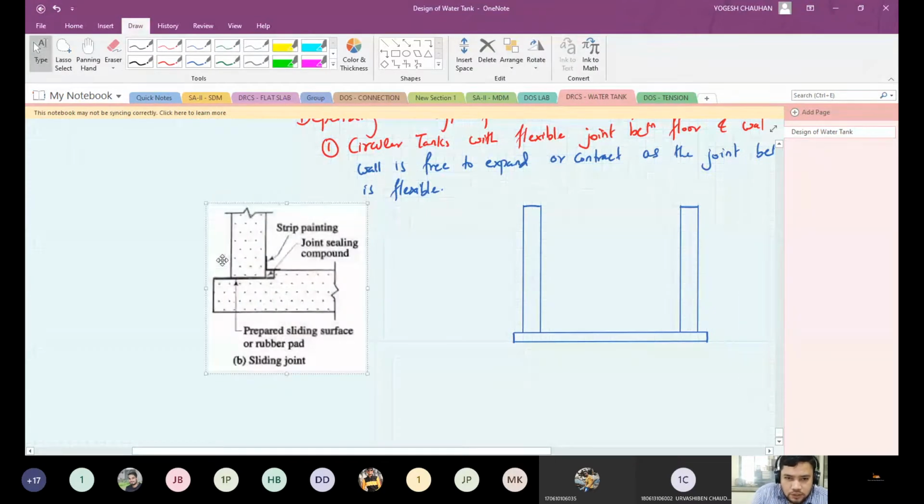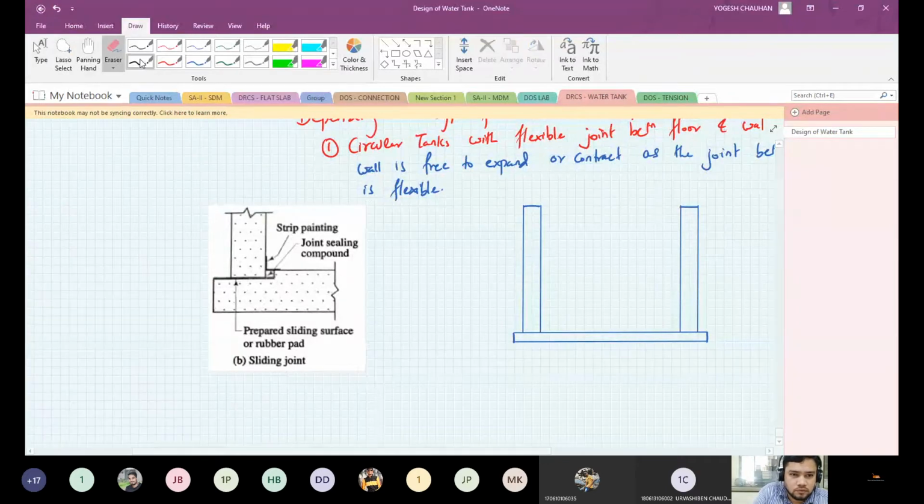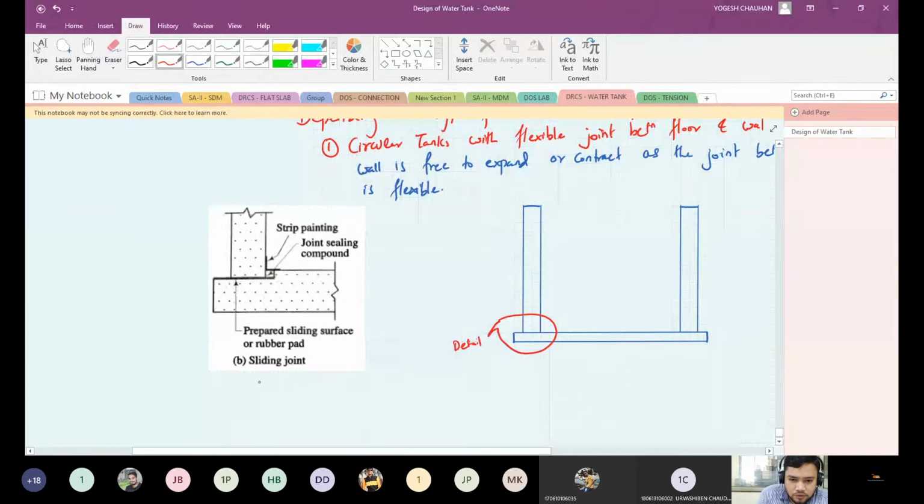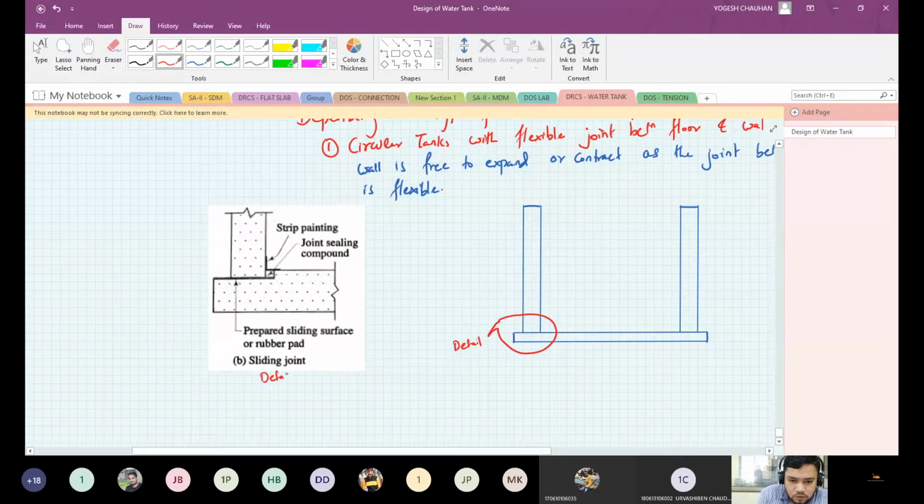Okay, so if you see the detail of this joint, this means this can slide.